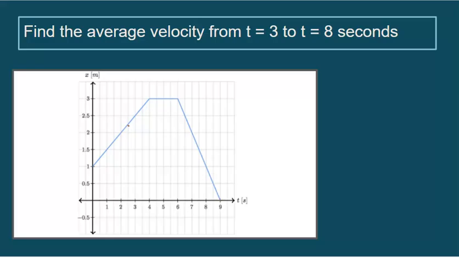T equals 3 is this coordinate, 2.25, to t equals 8, which is 1. It seems odd that that's not, yeah. Okay, 2.5. Okay.